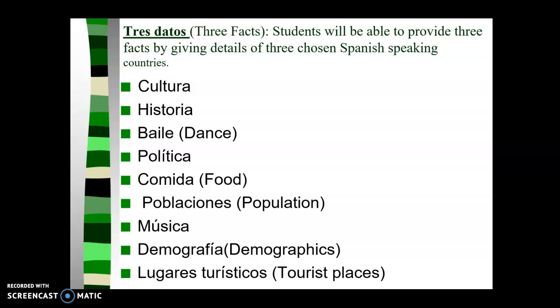You will be responsible for completing this project by Friday, October 16th. And also, at the end of the unit, you will be tested with this information. So, yes, you get to choose 3 countries, but the test will be about all 21 countries.